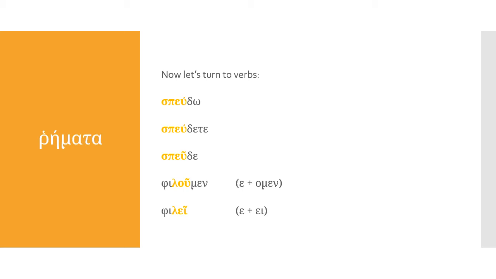This is the only way you can get a perispomenon upon the last syllable: if the accent would have rested upon a contract vowel and then it contracts with the ending. So this is not the only example of it, but it's the only principle that allows the accent to end on the last syllable. So that's the general principle for remata.